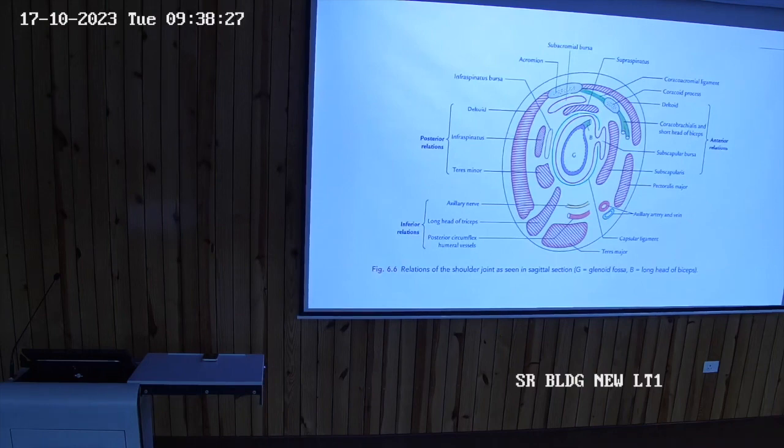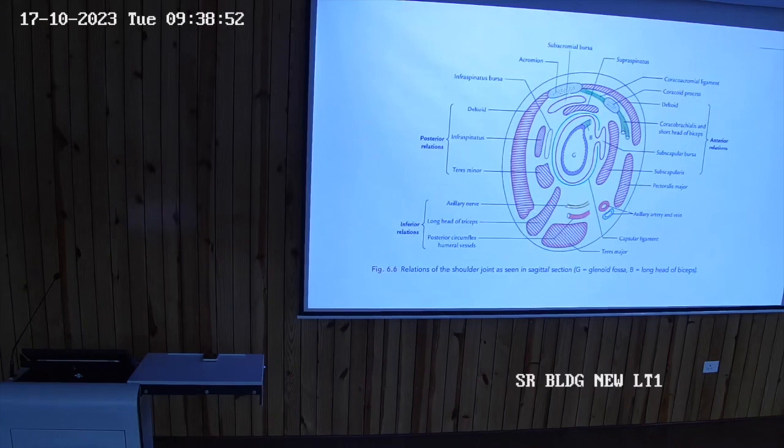Now, inferiorly, see the diagram first. Inferiorly, the relation is only the long head of the triceps, that is this one, and a very small part of teres major, nothing else, no bursa, only the two muscles, the long head of the triceps and the teres major.